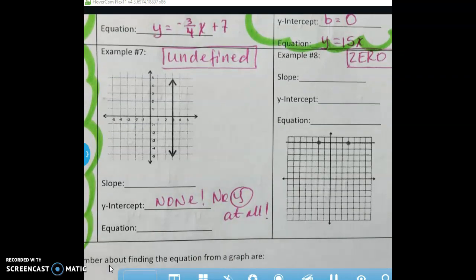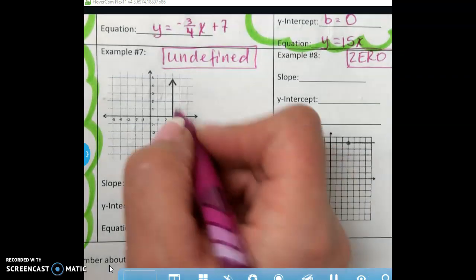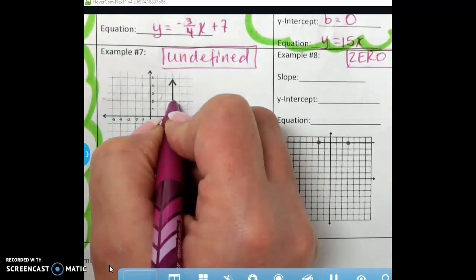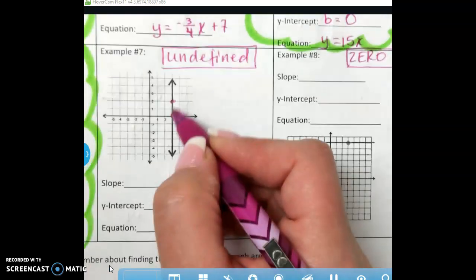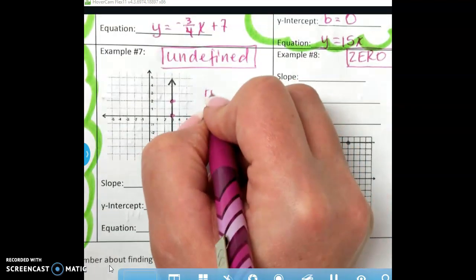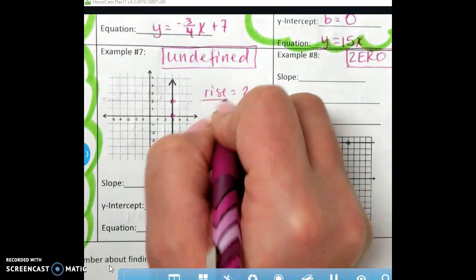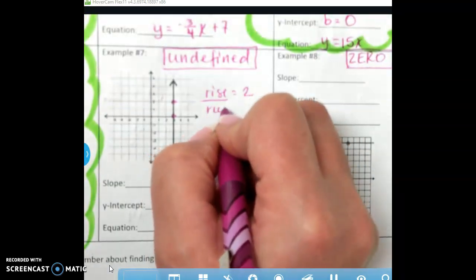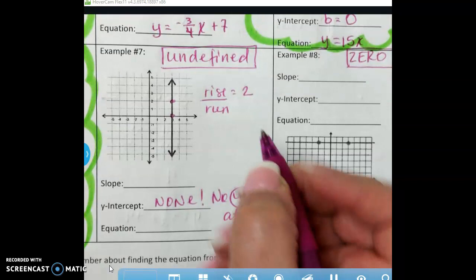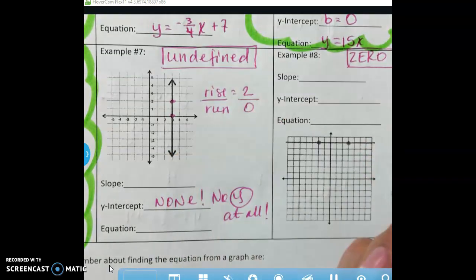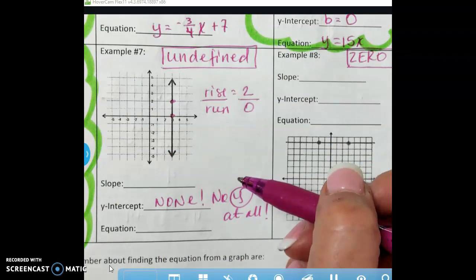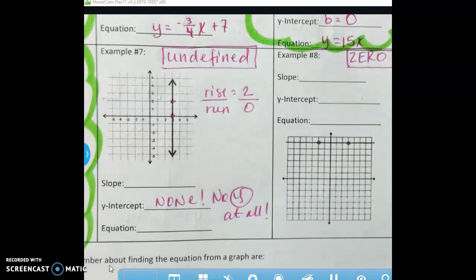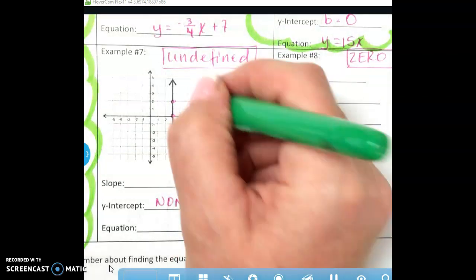Slope, rise and run. When you're trying to determine your rise and run, we can do the math. So I picked 2 good points. If I rise 2, yes, I am rising 2, but then my run, am I running anywhere? No, I'm not running anywhere. This rule is not allowed in math: you cannot divide by 0.